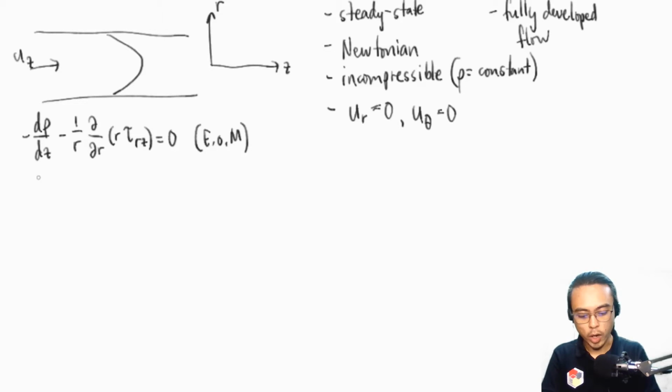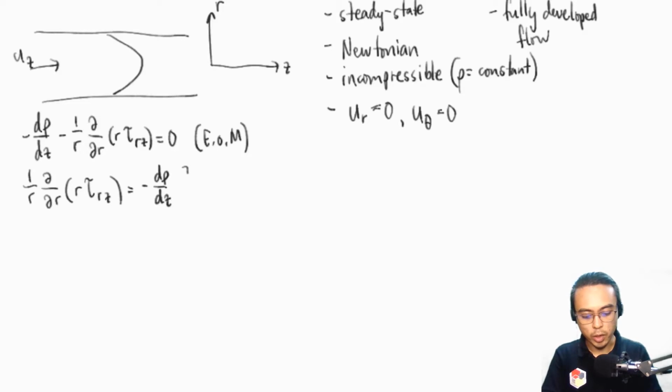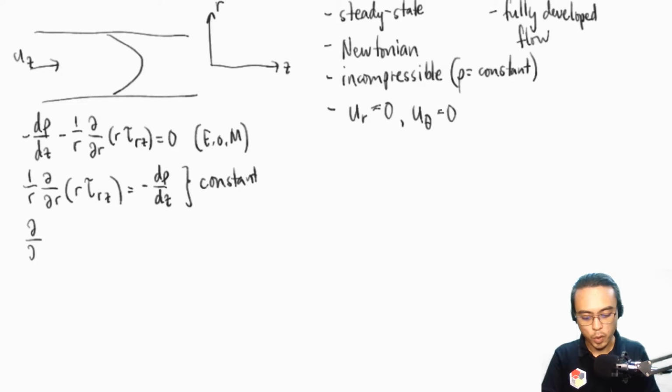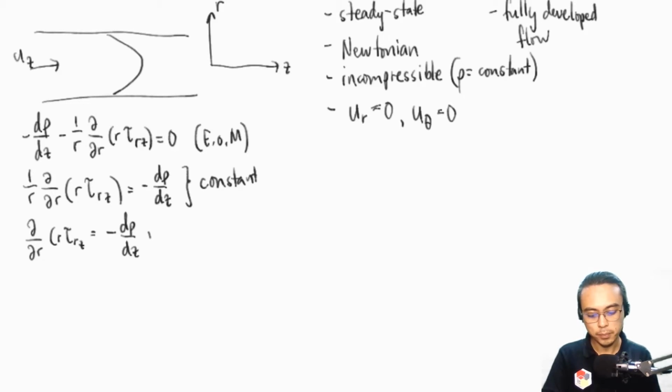We now have 1 over r times the partial with respect to r of r times the shear stress varying on r acting on z is equal to negative dp over dz. Now remember, we are treating dp over dz as a constant because it is a total derivative. And then cross-multiplying, we have the partial with respect to r of r tau rz is equal to negative dp over dz times r. We can now integrate this expression in terms of r.